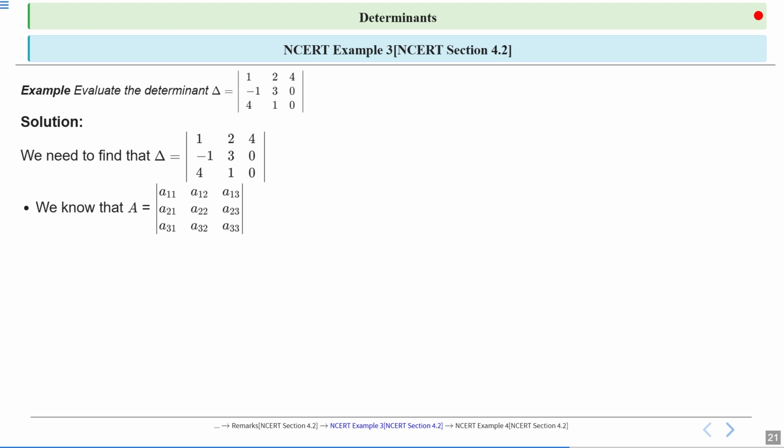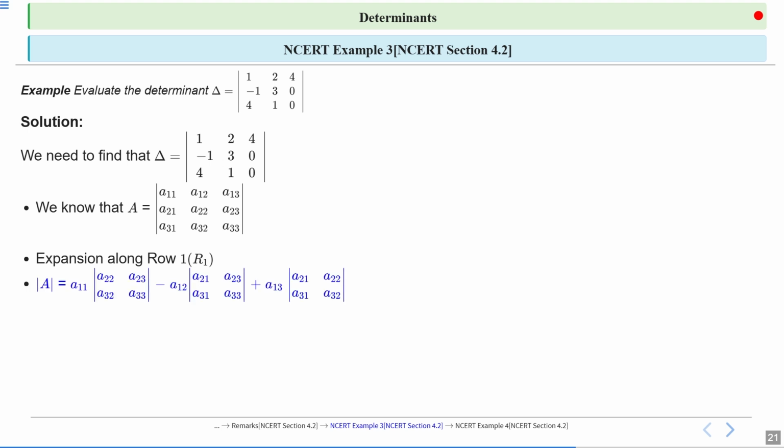So if we expand along row R1 to find the determinant of matrix A, we get the first element A11, then the determinant of the 2 cross 2 matrix obtained by cancelling the first row and first column, that is A22, A23, A32, A33.